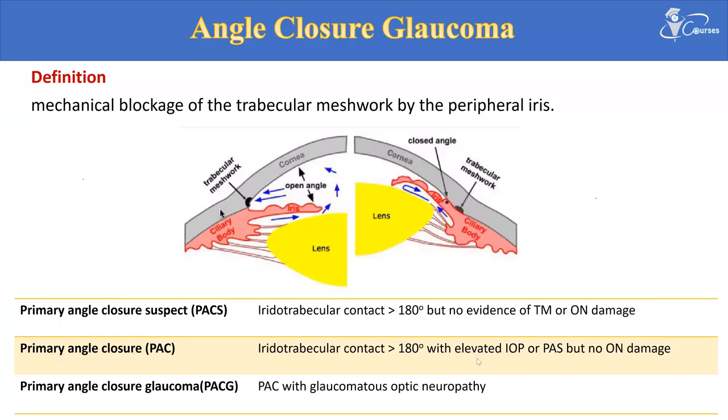But again, he is not glaucomatous. As we knew from last time, glaucoma is a progressive optic neuropathy. Since he is not glaucomatous yet, he doesn't have any optic nerve damage. He is just having iridotrabecular contact and high intraocular pressure. If he becomes primary angle closure glaucoma, then he will have primary angle closure plus glaucomatous optic neuropathy. You see, these definitions are sometimes asked in the exams. Please be careful about that.